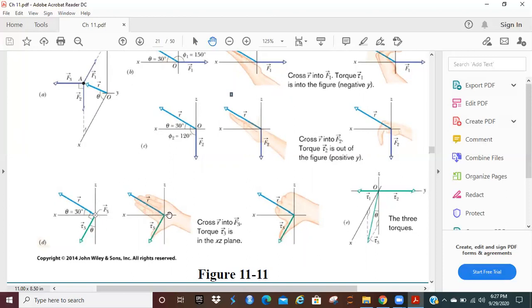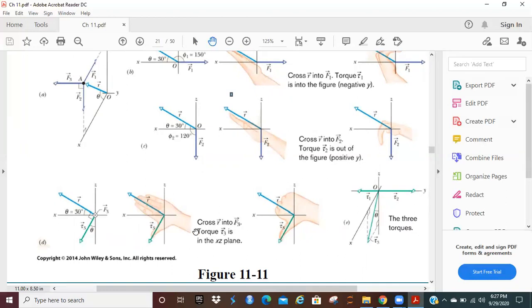So you're going to take R and align your hand on it. You're going to fold it towards the force, which is basically curling your hand, I'm sorry, curling your hand down. The way they've got this, why would you have your hand this way and then have it this way?